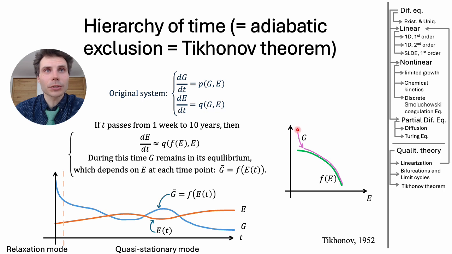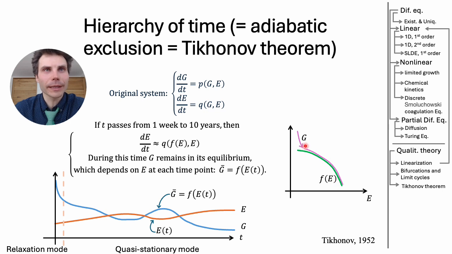And how does our kinetics work in practice? Well, we start at a certain level, depicted by this point, when we have very few elephants and a lot of grass. Then the grass amount quickly approaches this quasi-stationary kinetics.